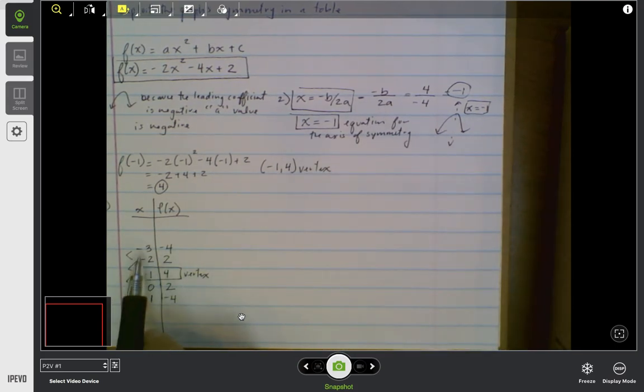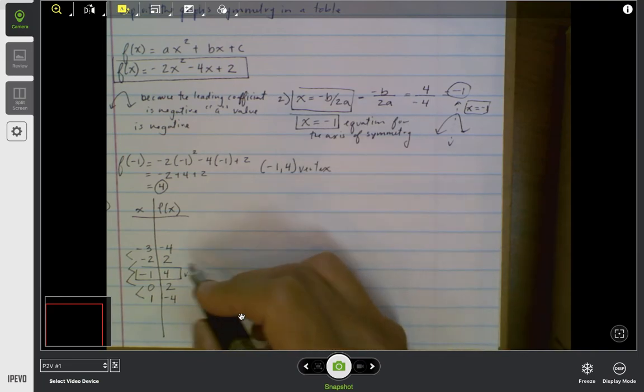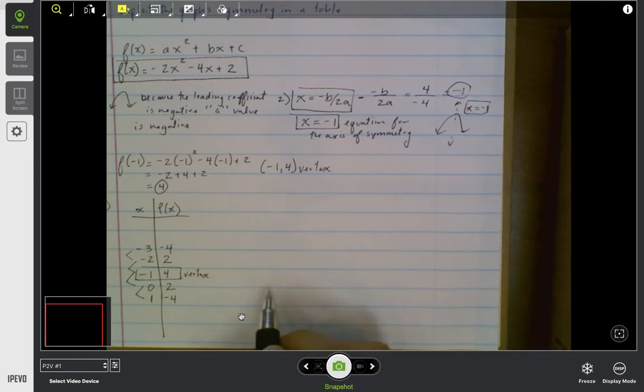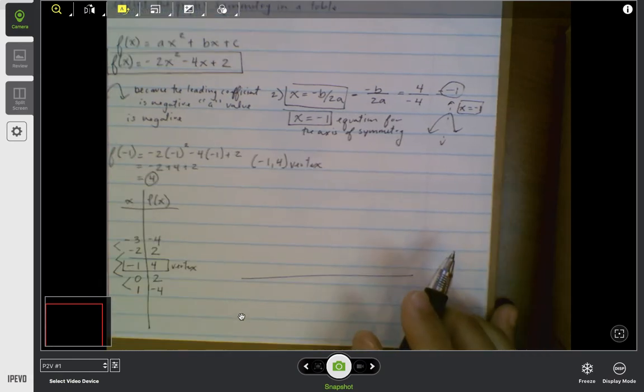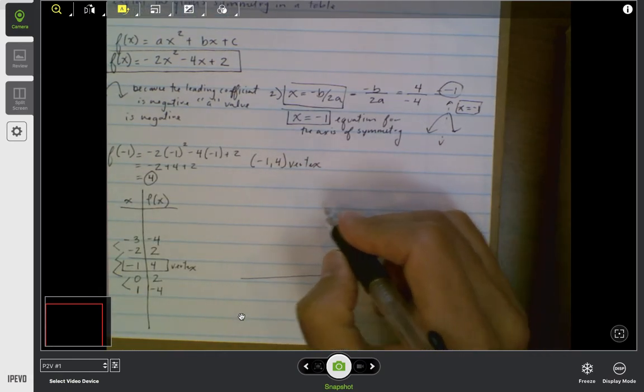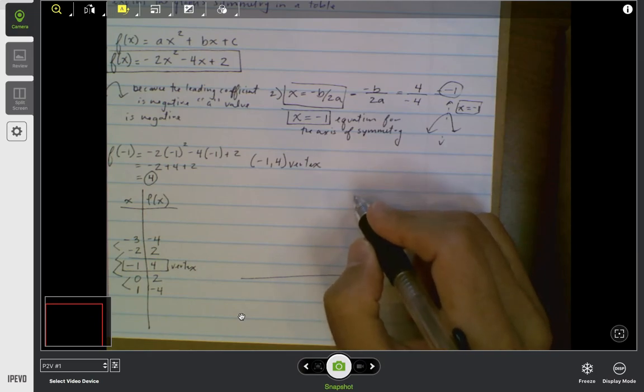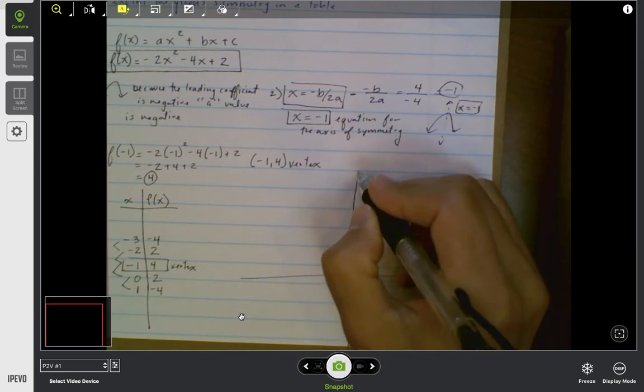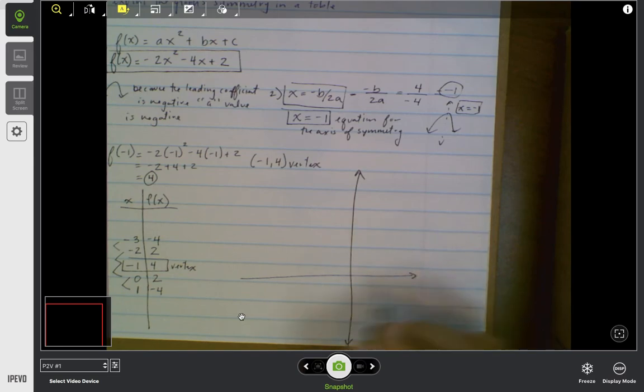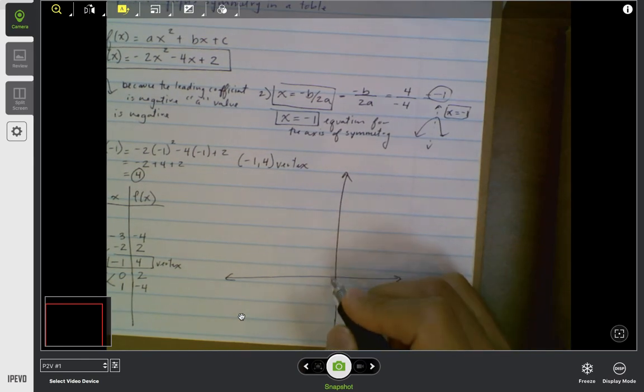My x values go from -3 to 1, and my y values from -4 up to 4. So I'm kind of sketching this by hand. Bear with me. Just making some decisions on the fly about my axes.